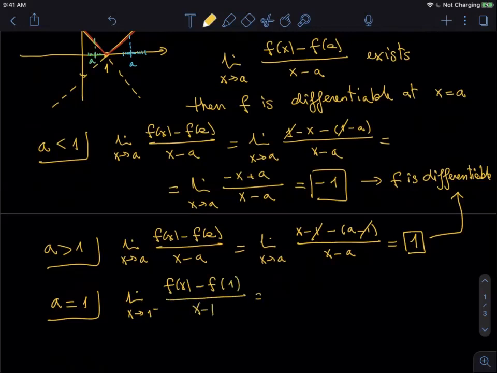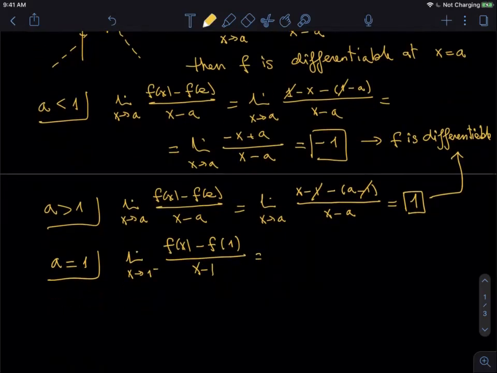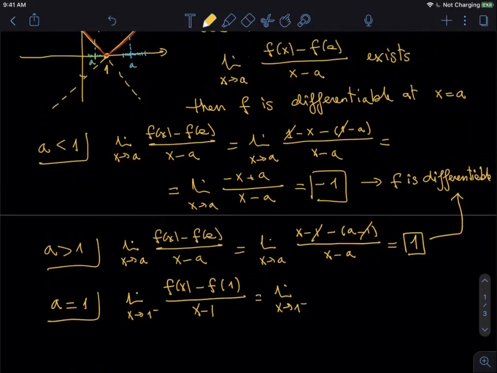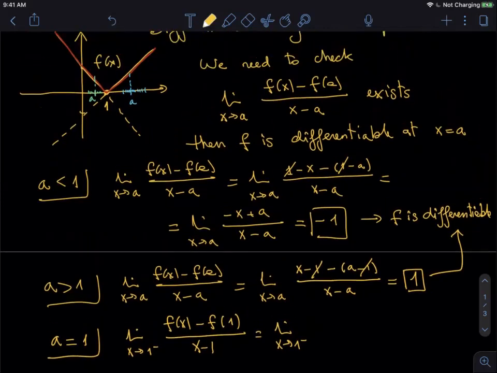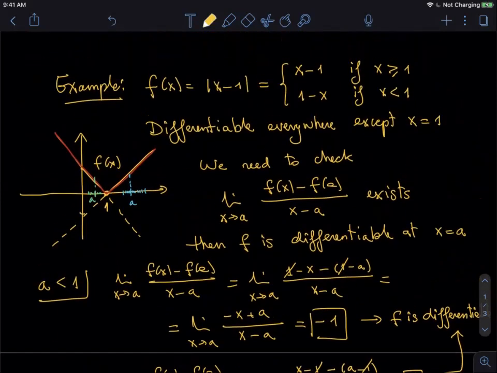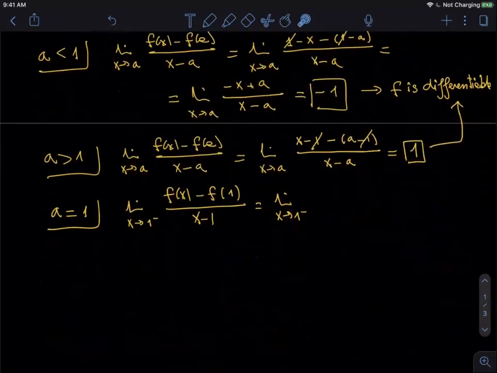Notice here, because a equals 1, in place of a, I'm always writing 1. So this is the limit x to 1 from the left. From the left means the numbers that are less than 1. So if the numbers are less than 1, the function is 1 minus x. All right, so this is 1 minus x minus 1 minus a divided by x minus 1.